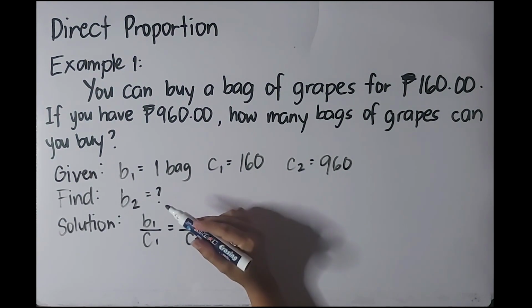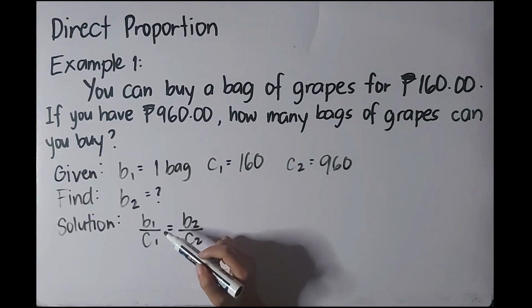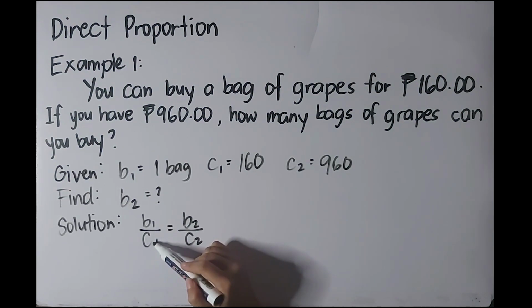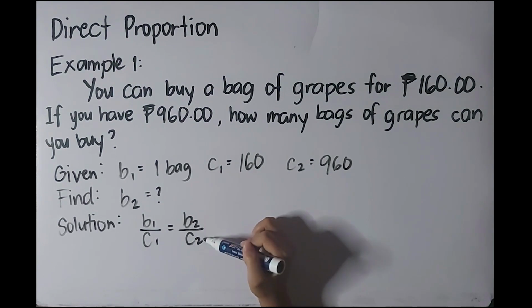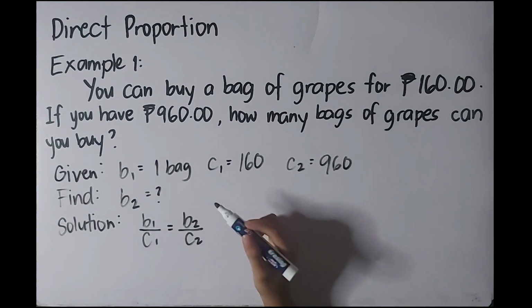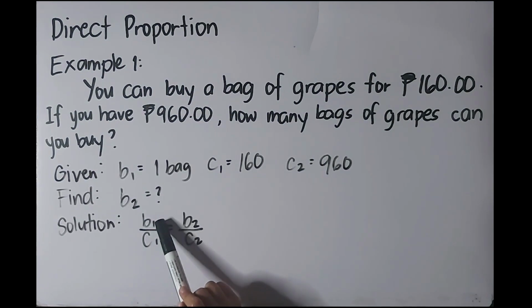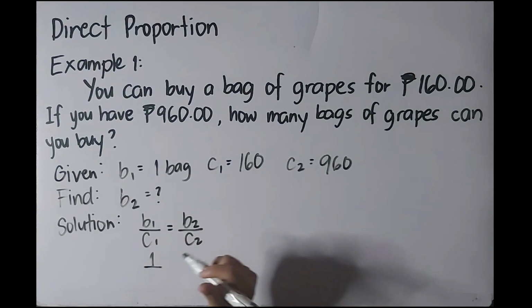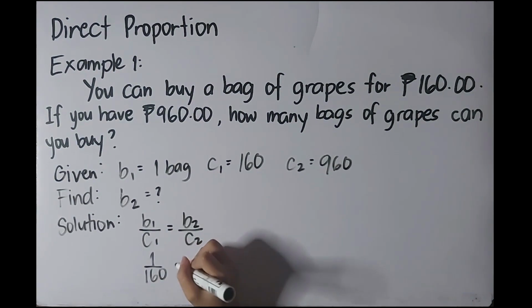So these values are our terms for the proportion. We have first the first ratio, then the third and fourth terms or the second ratio. So we have a value for our B1, that is one bag. So we have 1 over our C, which is 160 pesos, so we have 160.